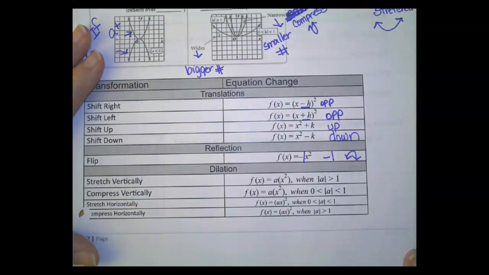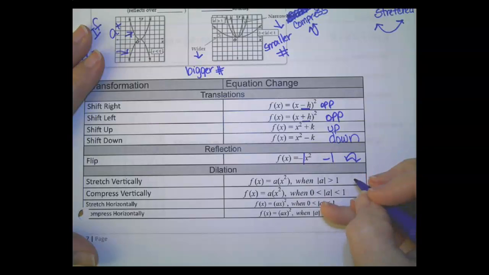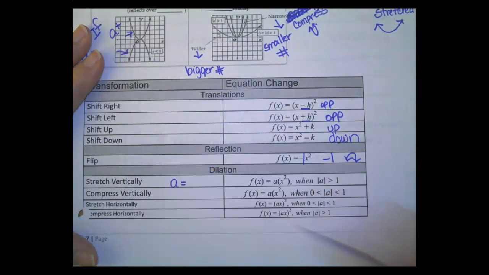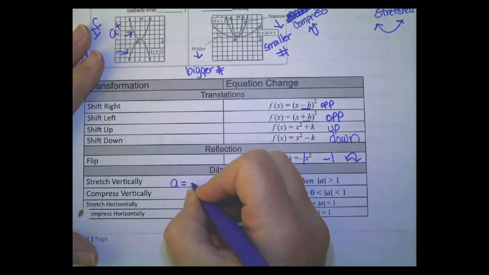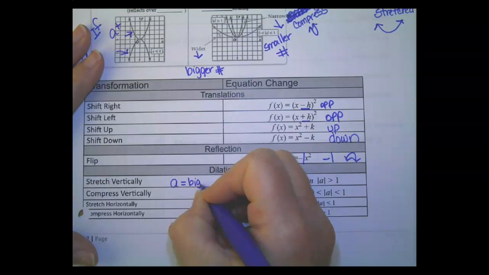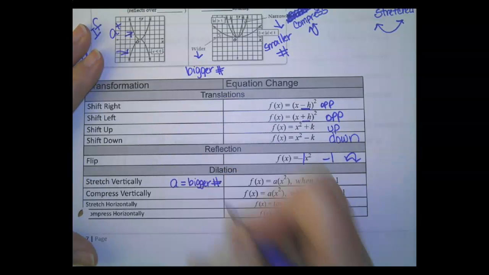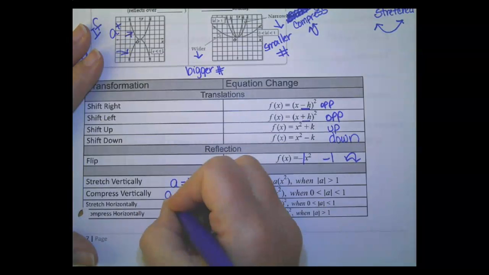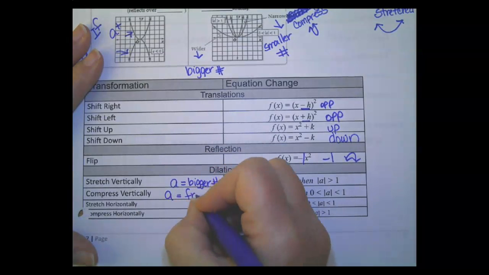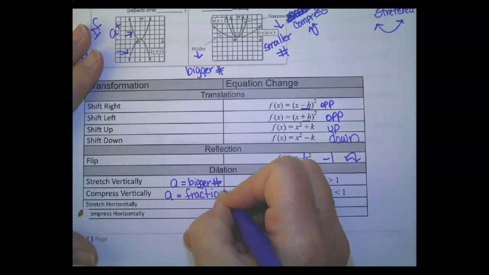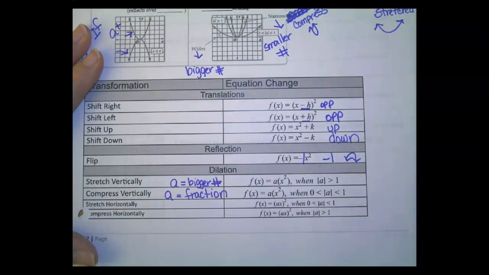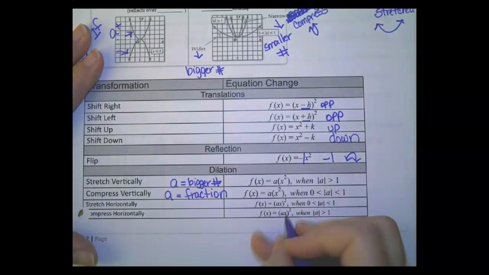Stretched vertically means my a is a large number, a big number. Compressed vertically is where your a is like a fraction. I don't think we deal with these other two, because we really don't have something in front.